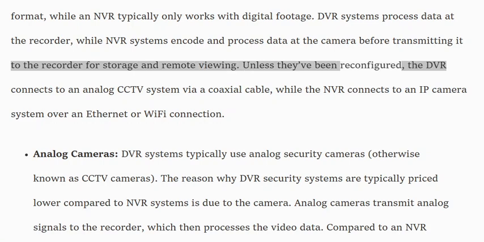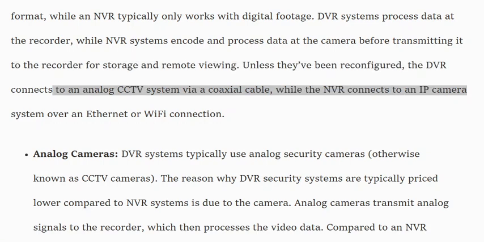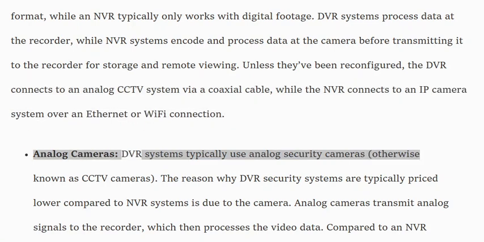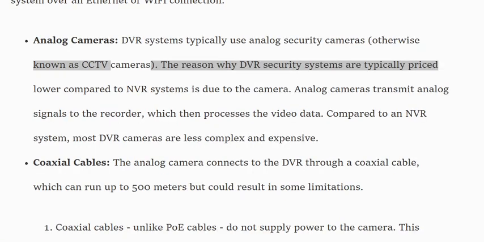Unless they've been reconfigured, the DVR connects to an analog CCTV system via a coaxial cable, while the NVR connects to an IP camera system over an Ethernet or Wi-Fi connection. Analog cameras: DVR systems typically use analog security cameras, otherwise known as CCTV cameras.